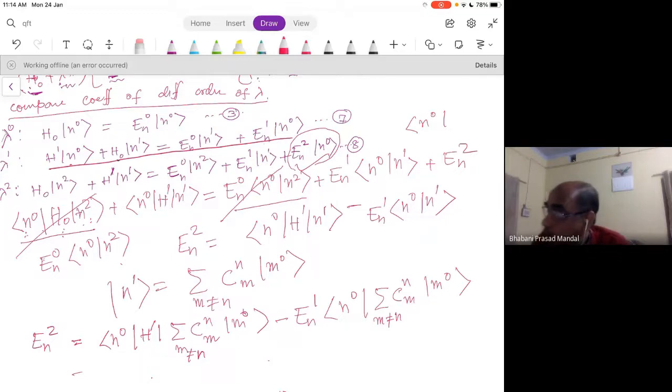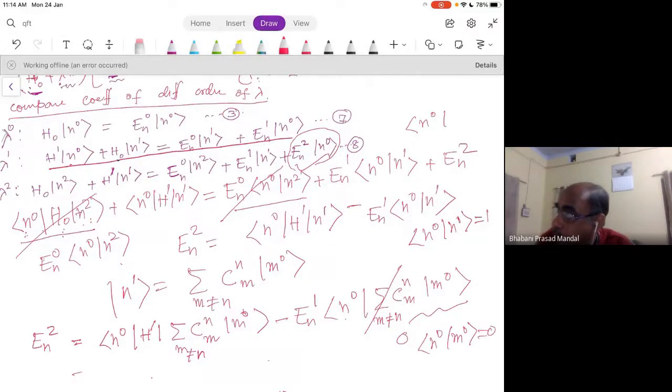Now this term only survives where m equals n, because n0 inner product with n0 is 1, and any other combination will be 0 due to orthogonality, and this term has all the terms except n, so this term is 0. That means n0 m0 is 0 when n not equal to m, because of orthogonality.